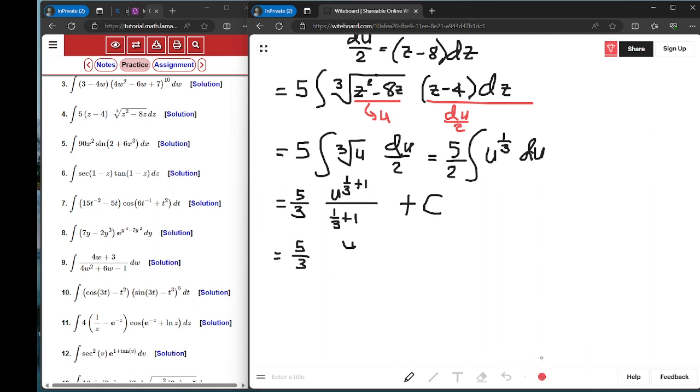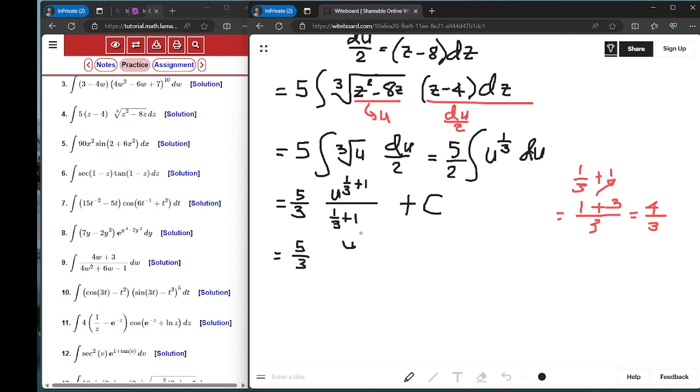To calculate it, 1/3 plus 1 is found using the least common denominator. So it becomes all over 3. Copy the first term, then plus, multiply it, so that would be 3. And the result is 4 over 3.